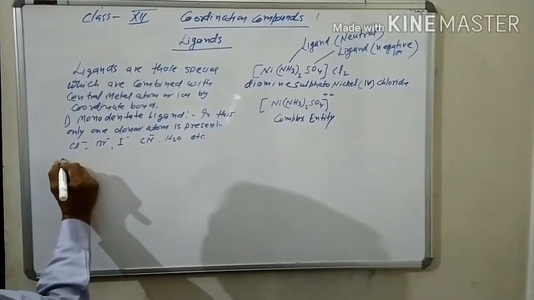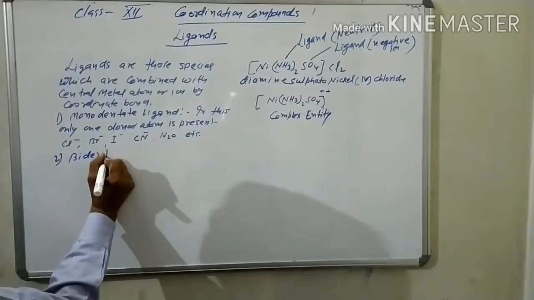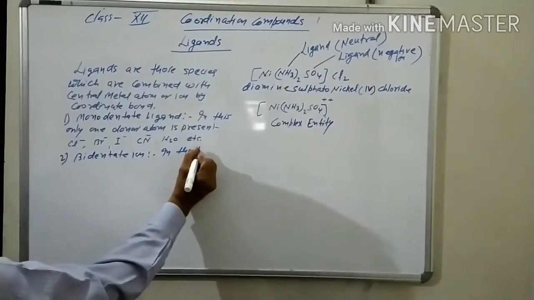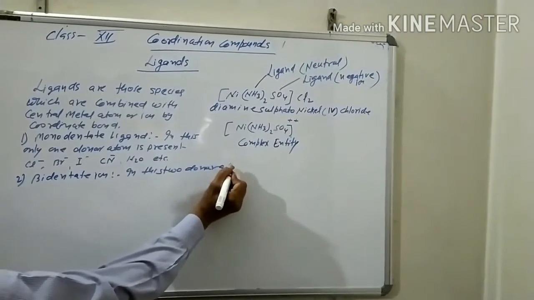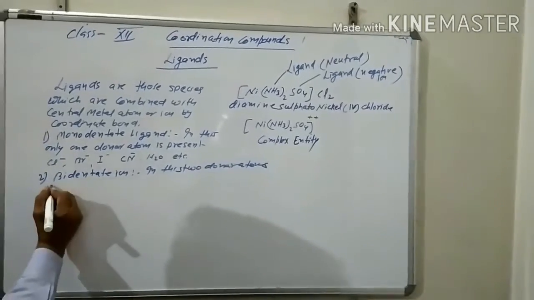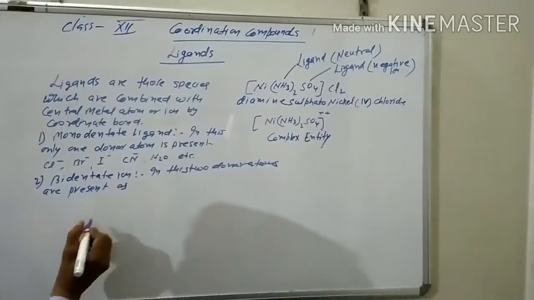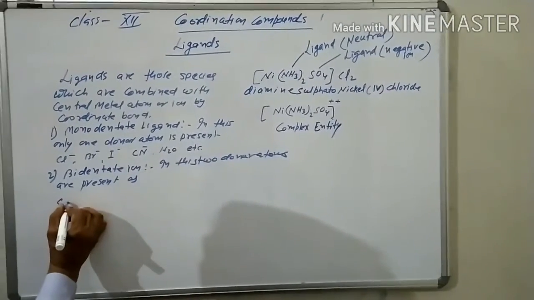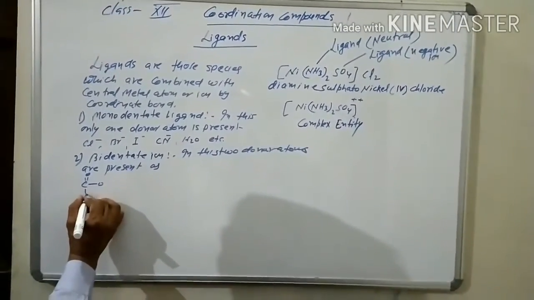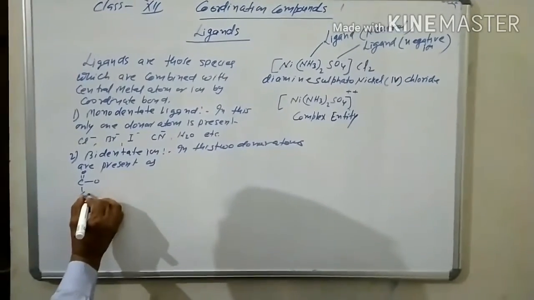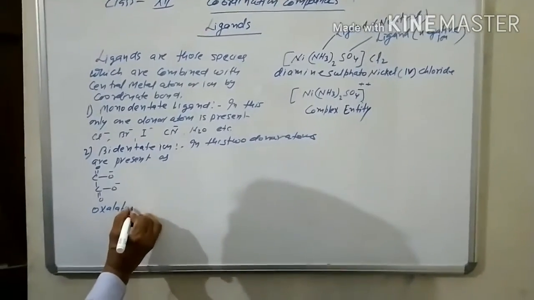Second, bidentate ligand. In this, two donor atoms are present. For example, carboxylato ion.